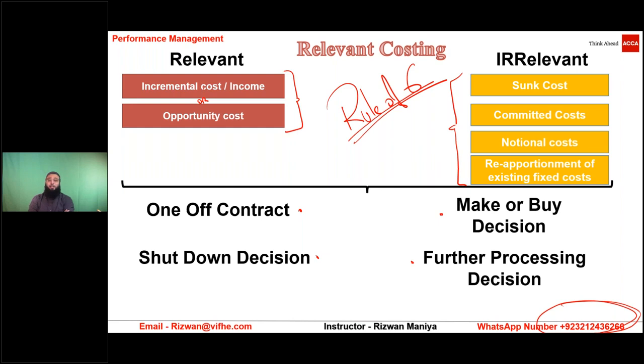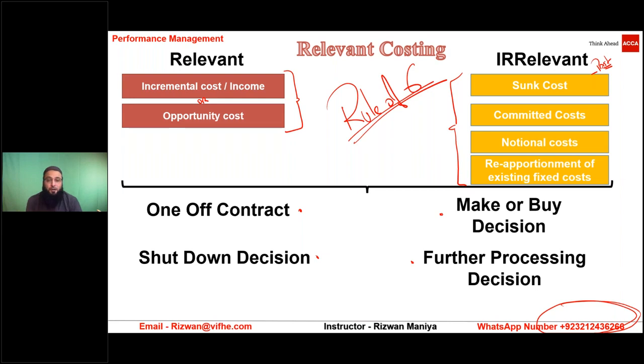4 things will make a cost irrelevant for a particular decision. You have to see whether that particular thing is part of these 4 or not. So first is sunk cost, past cost, already had been incurred. You can't do anything for that. Now, at the time of taking a decision, something that has already arisen or occurred before is not relevant.